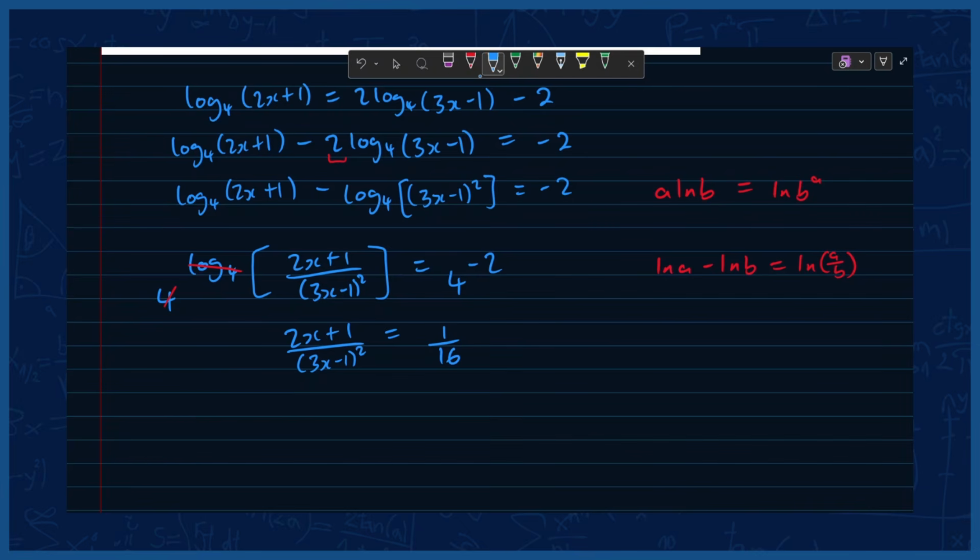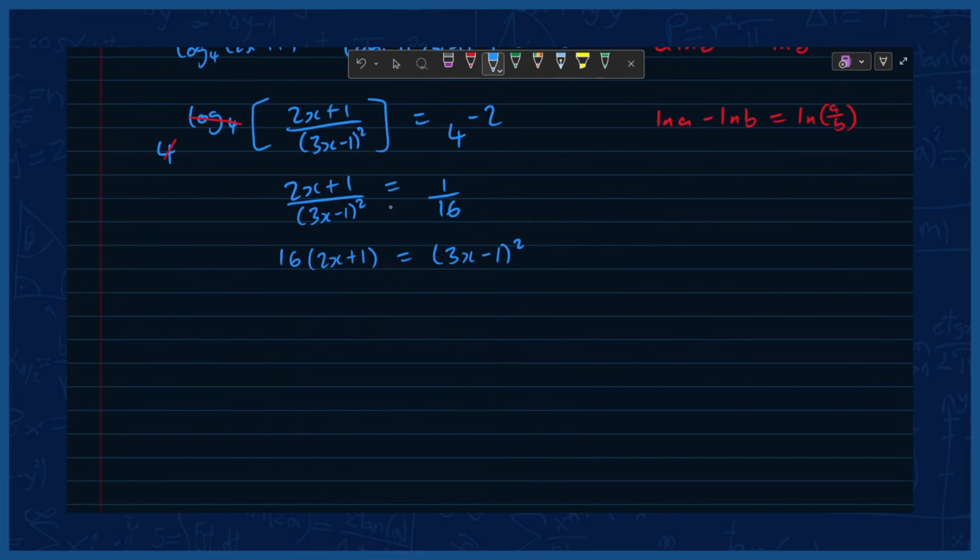Now we can cross multiply. So I've got 16 times 2x plus 1 is equal to 1 times 3x minus 1 squared. And we can expand. 16 times 2x is 32x plus 16, and then square the 3, that's 9, square the x, that's x squared. 2 times 3x times negative 1 is negative 6x, and square the negative 1, that's a positive 1.